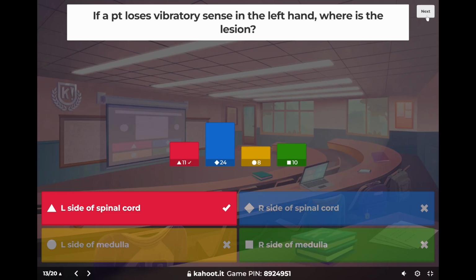The dorsal white columns. Where does the dorsal white column cross over? In the medulla. So if I have problems with my left hand, my problem is in the left spinal cord as well, because it's the same pathway going all the way up. So it's same side for the vibratory sense. If I said pain and temperature, it would be the opposite side, because they cross over early. I would have to give you more information about that.